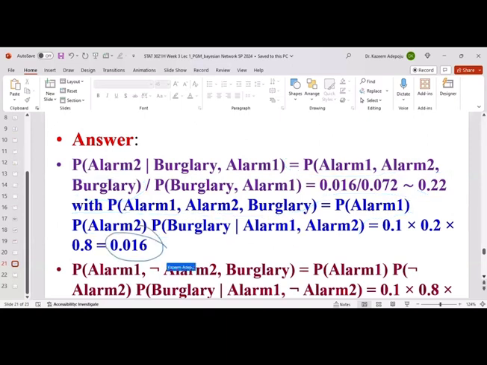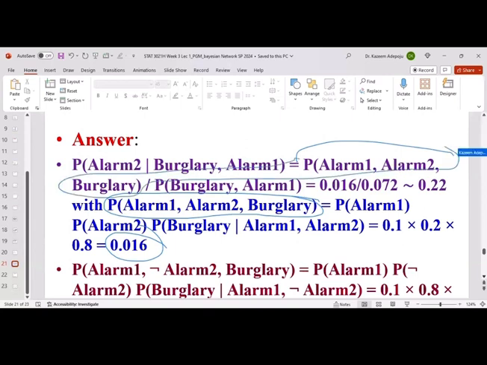Now, what have I obtained? I just got the numerator. The next thing I want to do is to find this one, the probability of alarm 1.